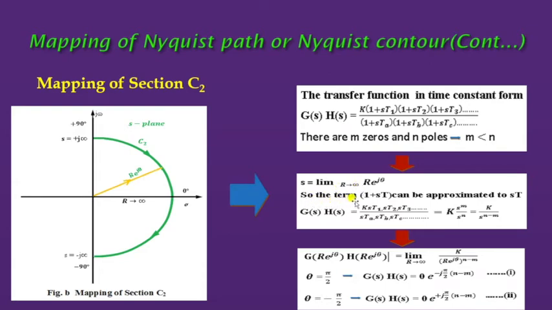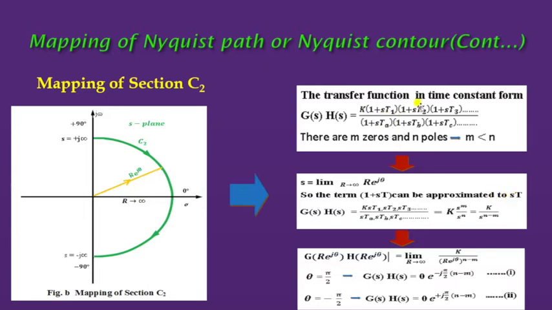So the term 1 plus sT, this general form, can be approximated to sT. Why? Because r tends to infinity, so compared to this, 1 is negligible, that means neglected. So this term is approximately sT.